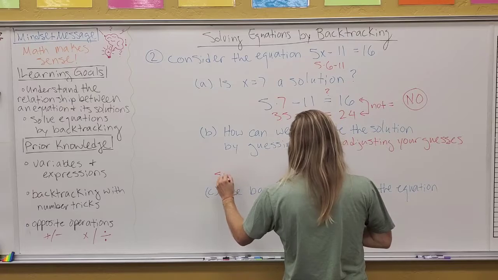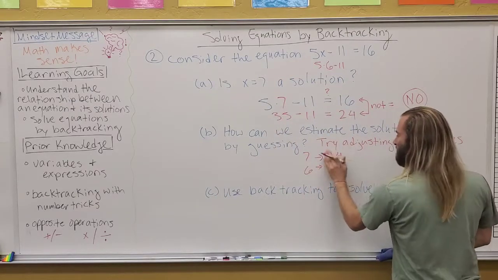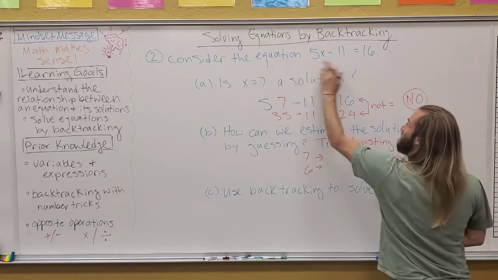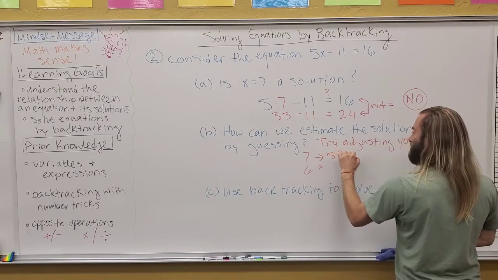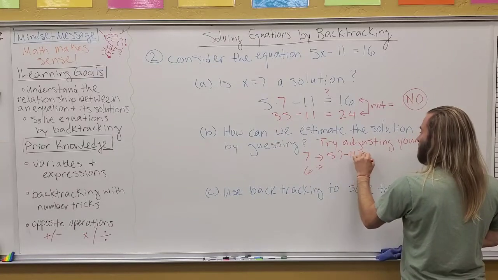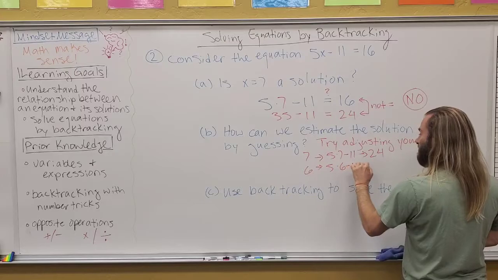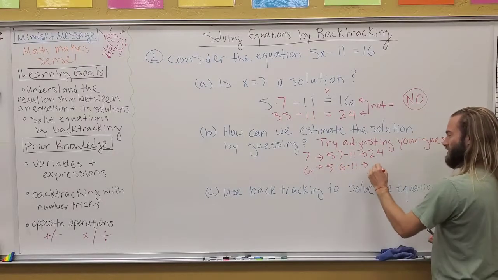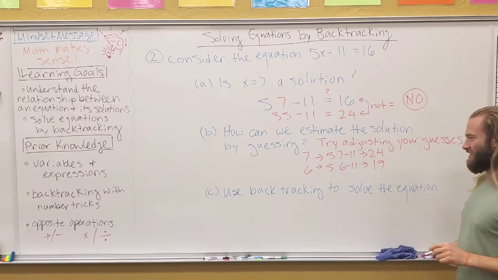This will even be better if I do it this way, actually. This was 5 times 7 minus 11, and that gave me 24. This is 5 times 6 minus 11, and that's 30 minus 11, which gives me 19. Hey, I'm closer to 16, aren't I?